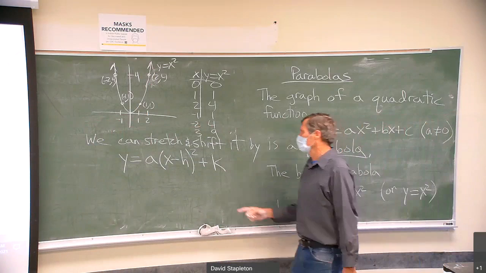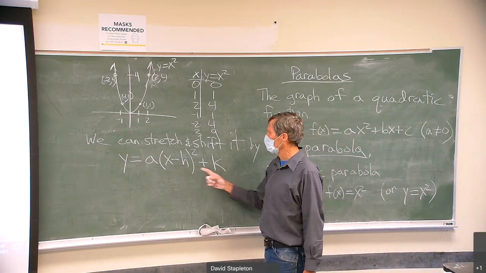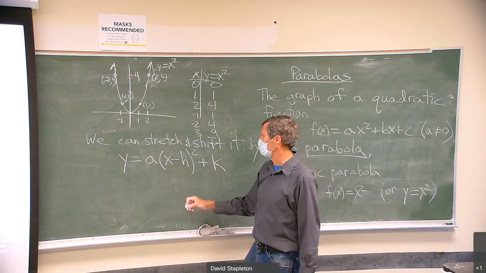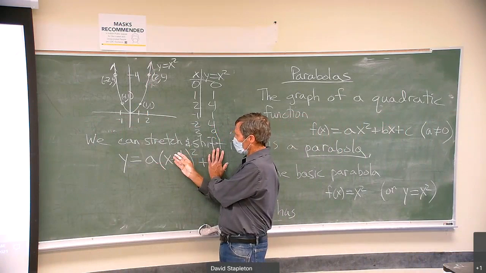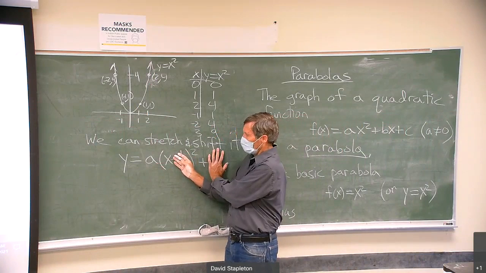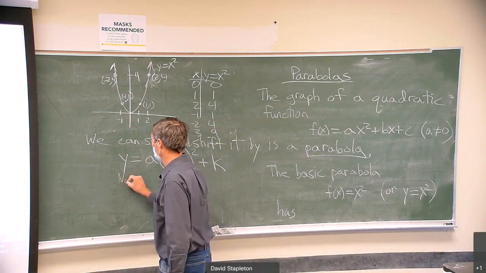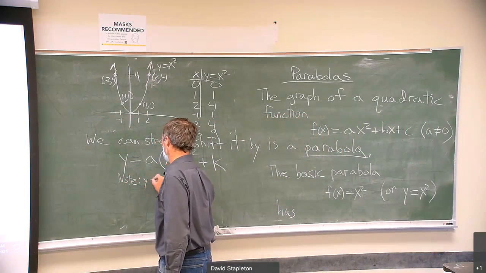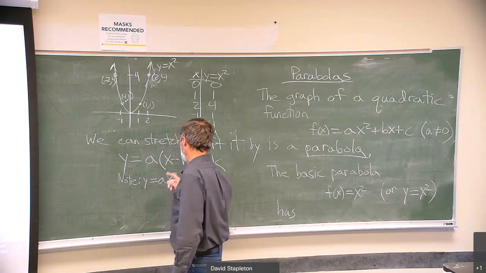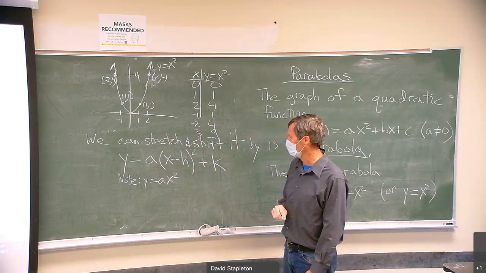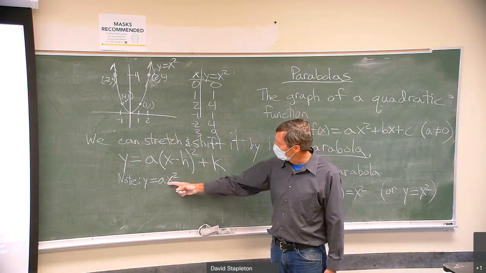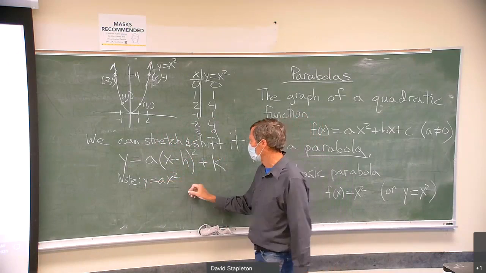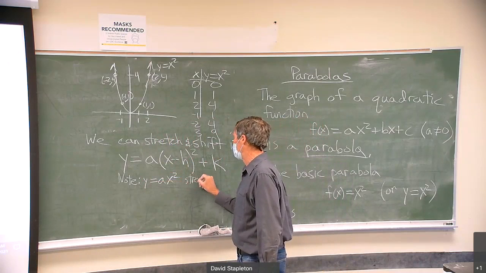But this looks like y equals x squared, except it's multiplied by a. What does this do? If I forget the h and the k, suppose I just put y equals ax squared. Forget the h and the k for a second. What does that do? It stretches it by a factor of a. It makes every y coordinate a times as big. So it stretches it by a factor of absolute value of a.